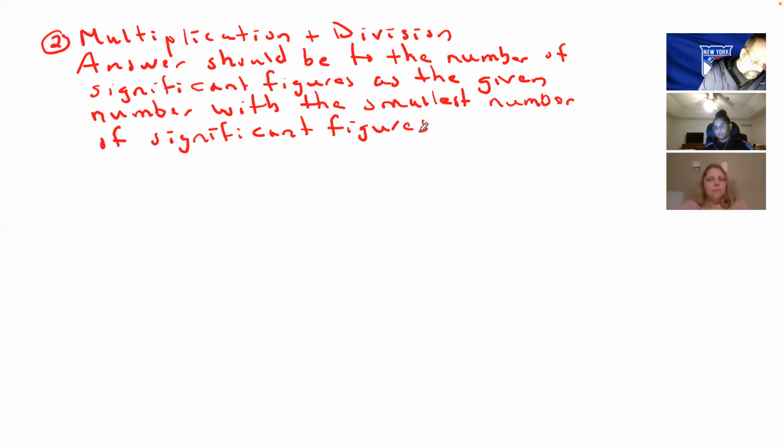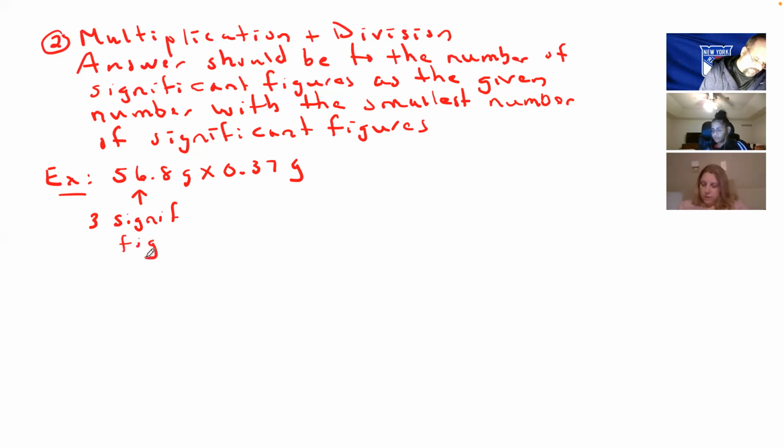So for example, if you had 56.8 grams times 0.37 grams, the first number has 3 significant figures. All the numbers there are significant.